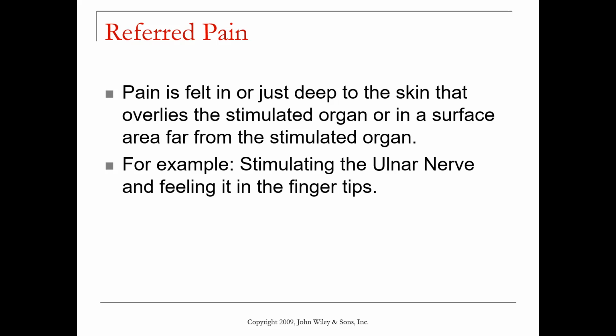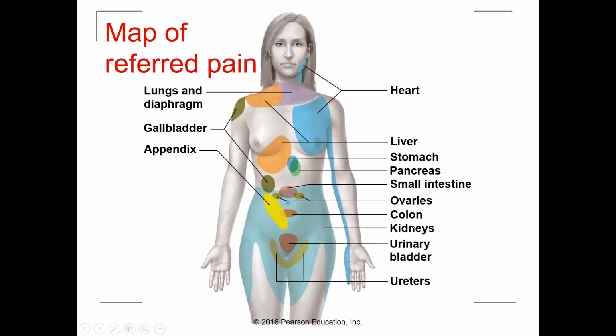So pain doesn't always tell us where it's supposed to be. This is a map of the referred pain areas that we see. For example, gallbladder there and the right shoulder. Heart attack pain down the left arm, anywhere in the chest, even in the lower jaw on the left-hand side.